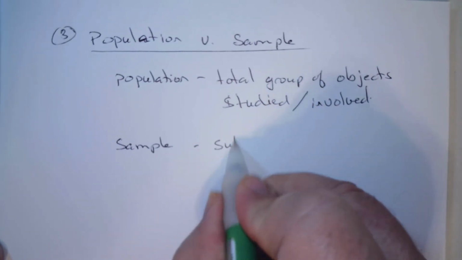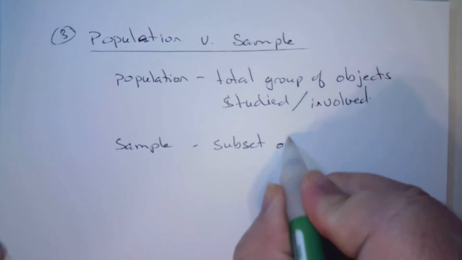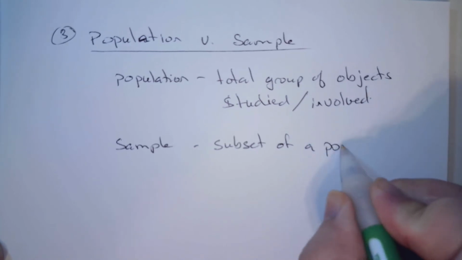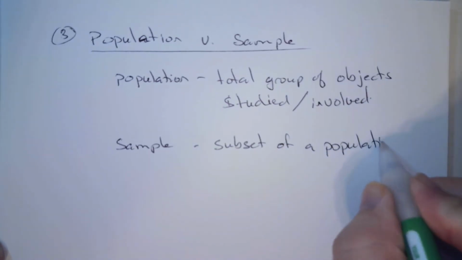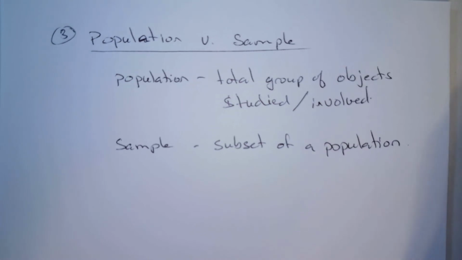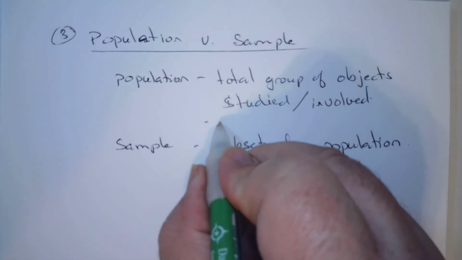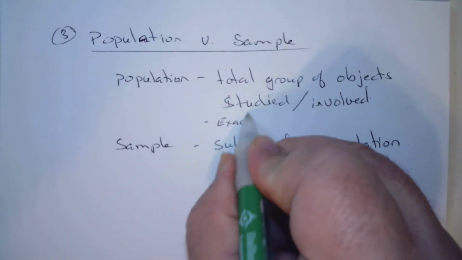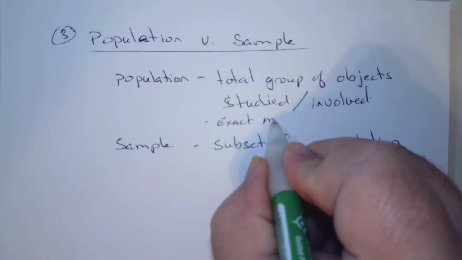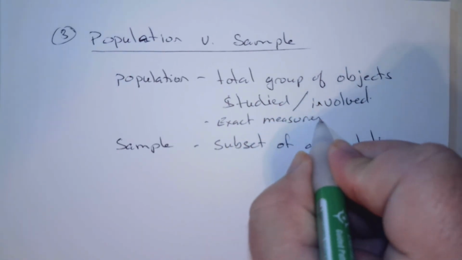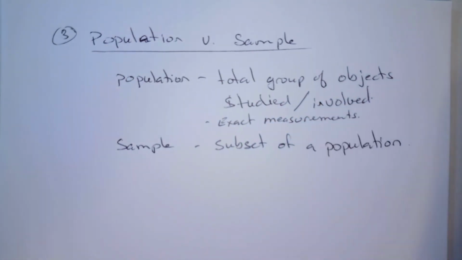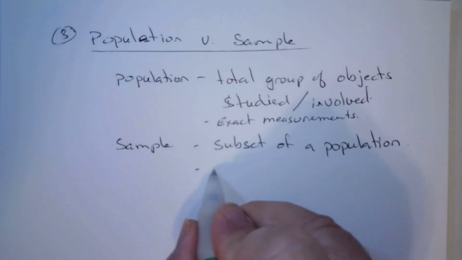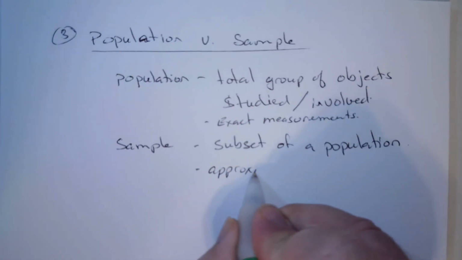It's a subset of a population. A population gives you exact measurements. A sample will give you an approximation.